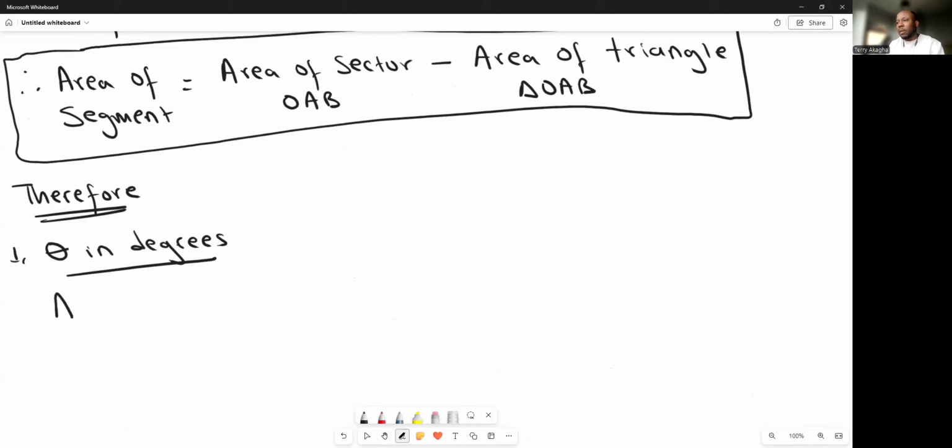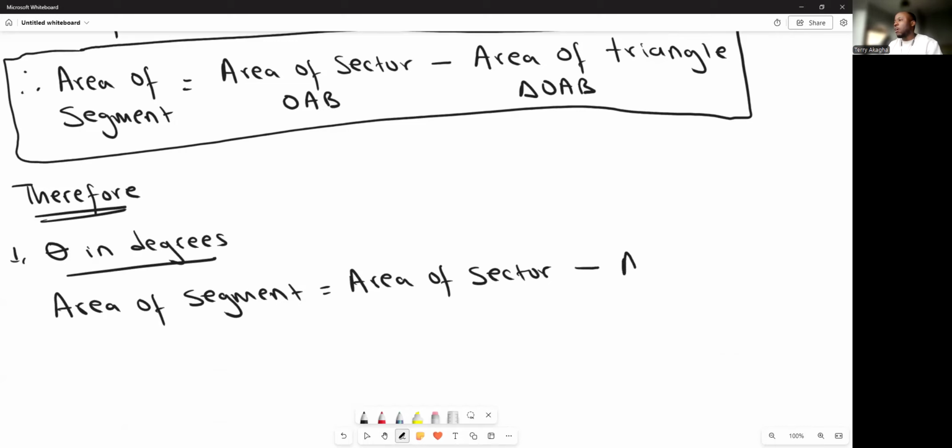If theta is in degrees, the area of segment, we know, is equal to the area of sector minus area of triangle. I've talked about area of sector and area of triangle in the previous series, so please go back and have a look.